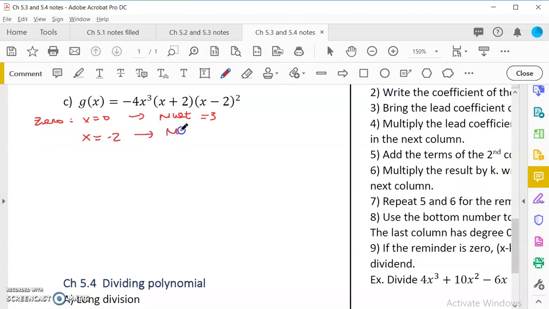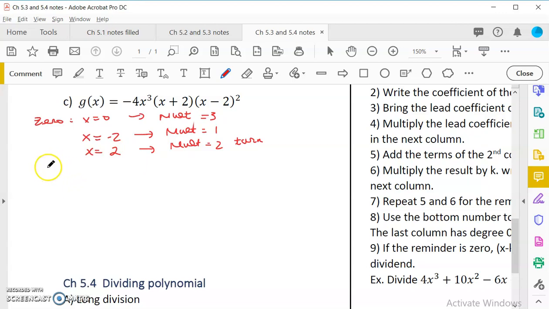This multiplicity is 1 because there's no power. X equal to 2. This multiplicity is 2, which is an even number. So this would be a turn point, a tangent. So these two cut through. This is a tangent.